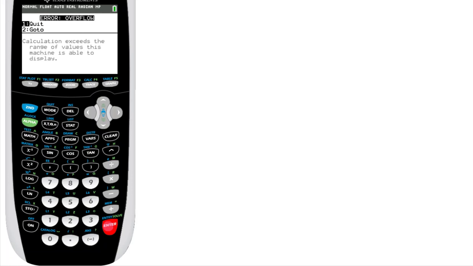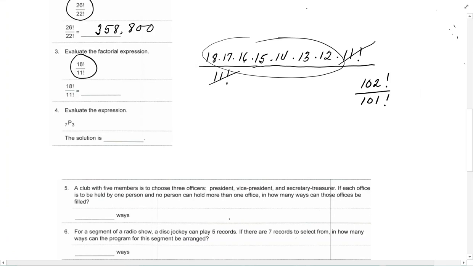What happens is when it tries to do the 102 factorial, the number is larger than this calculator can handle. Whereas if I did it with the shortcut way, which is 101 factorial, the top is 102 times 101. I can stop and say factorial.